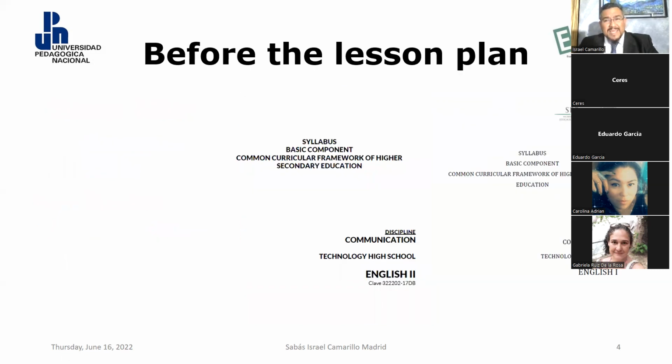And now, before the lesson plan, I was thinking a lot about how I was going to address this activity. I observed that the topics that have grammatical similarities, not only in English but also in Spanish, like grammar translation, were addressed in different tenses, and not only that, but in different semesters.